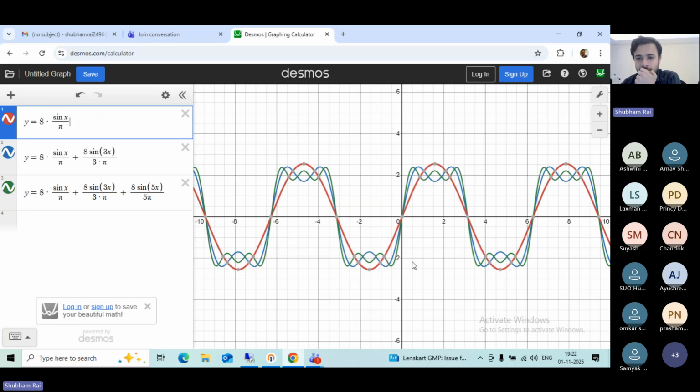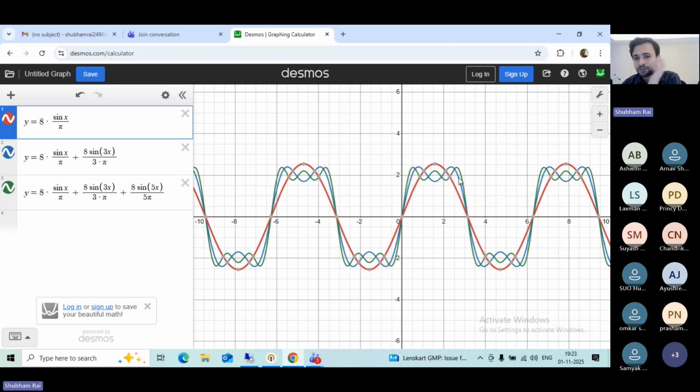Anyway, our function was minus k to k, right? This minus 2 is minus k and 2 is plus k. And 0 to pi means 0 to 3.14. So this is 0 to pi, and this is minus pi to 0. When we had minus pi to 0, we had a value of minus 2, and when we had 0 to pi, we had a value of 2.